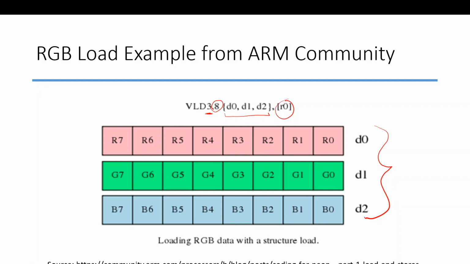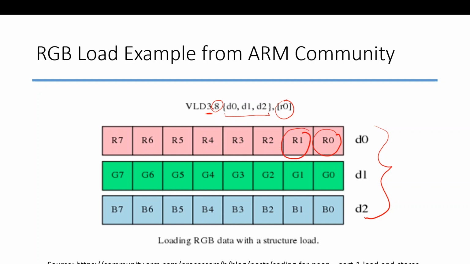Still the same pointer. This time, however, we're going to load R0, jump over G0 and B0, and load R1.